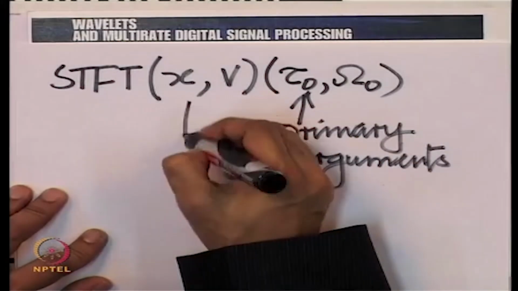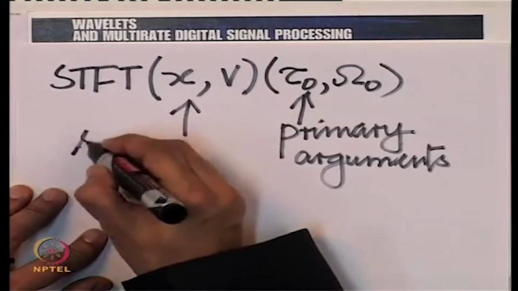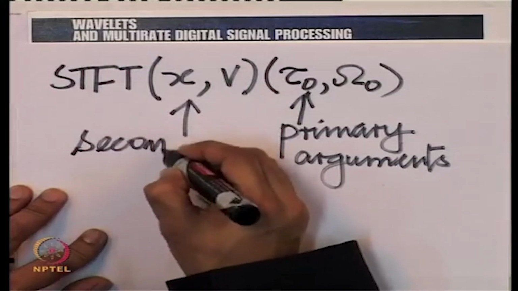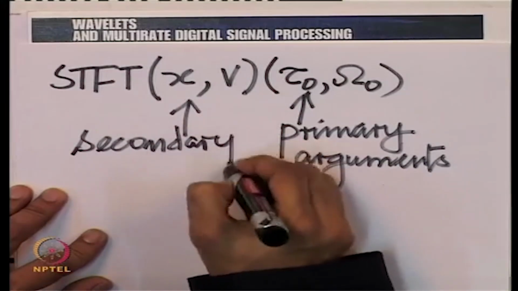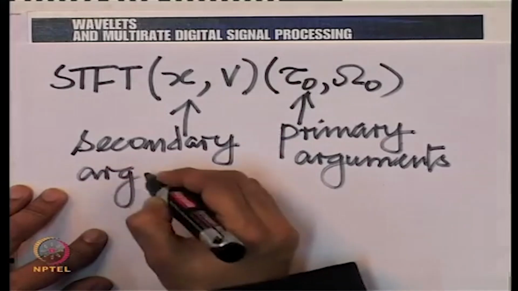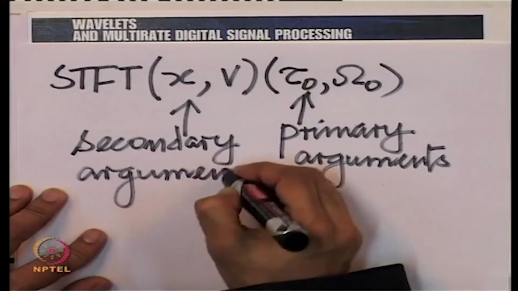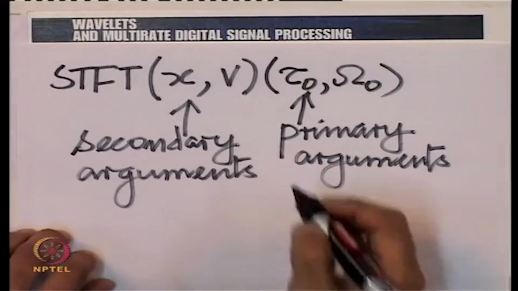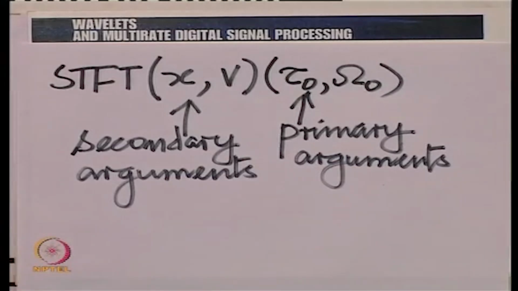And these one should call the secondary arguments. To explain this idea of primary and secondary arguments, let us take for example the Fourier transform.